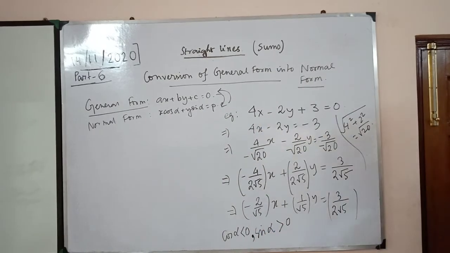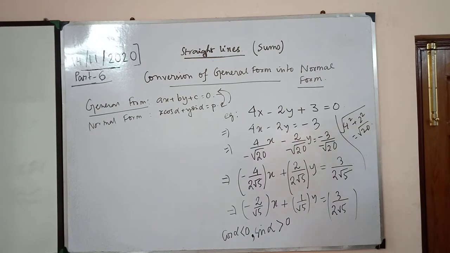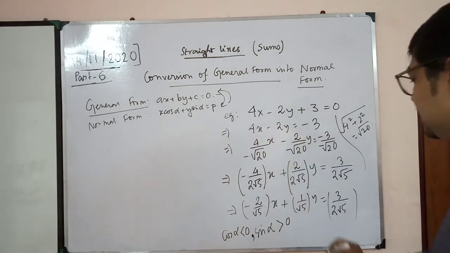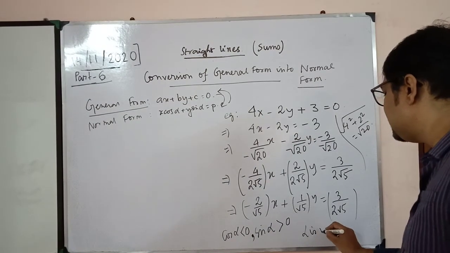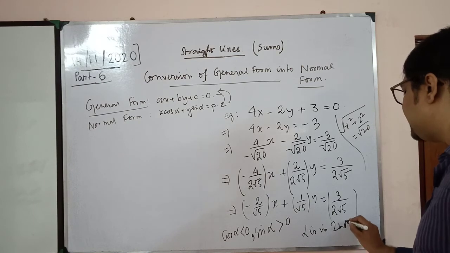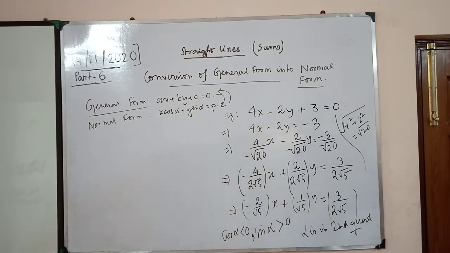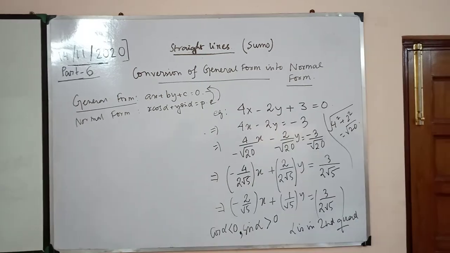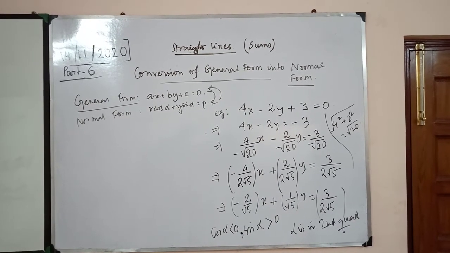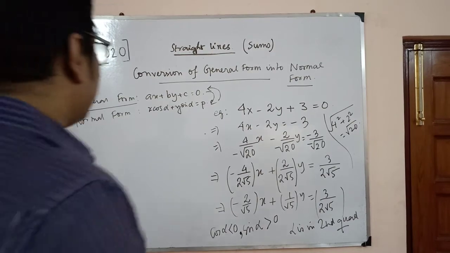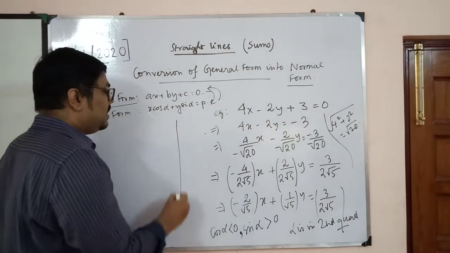Okay. Cos alpha negative, sin alpha positive means which quadrant? Alpha is in the second quadrant. Okay. So since alpha is in second quadrant, how can it be drawn? We can draw like this.